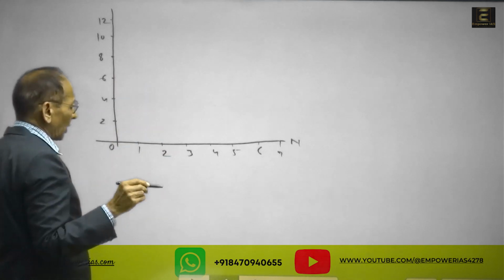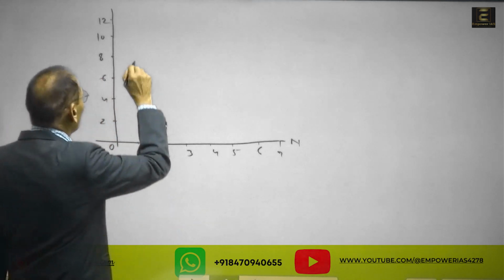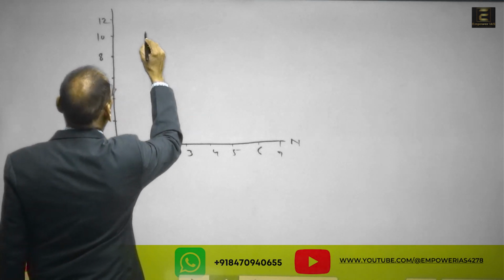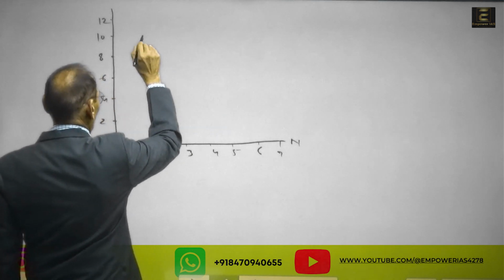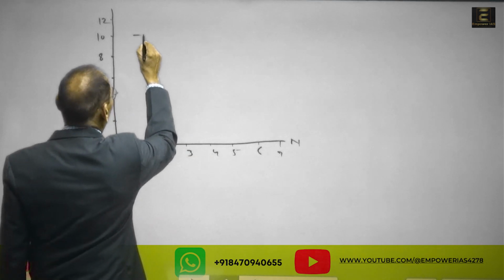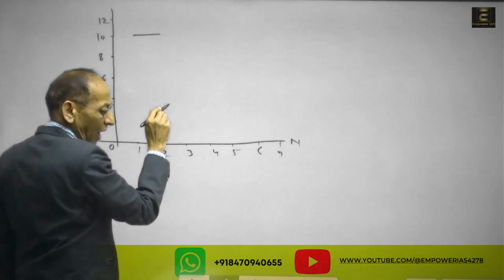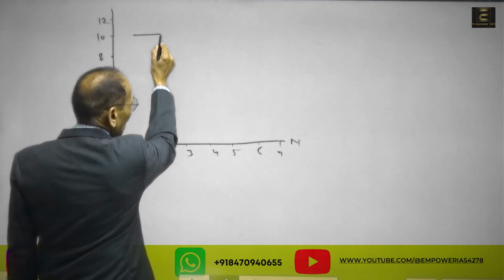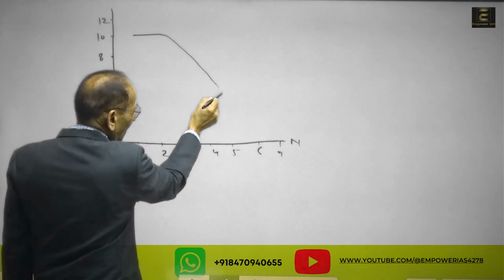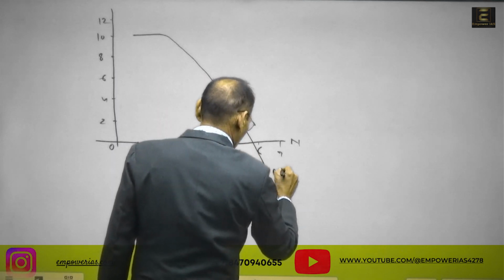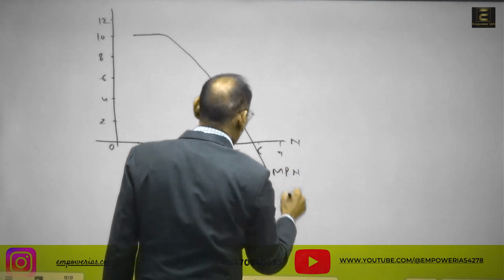Now, first we plot it. For example, at 2 and 3 from here, and this will be like this, MPN.